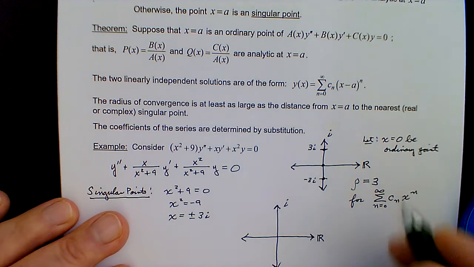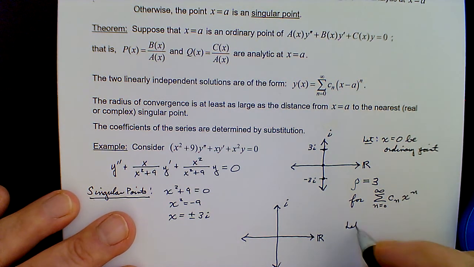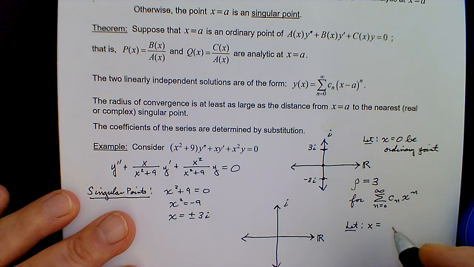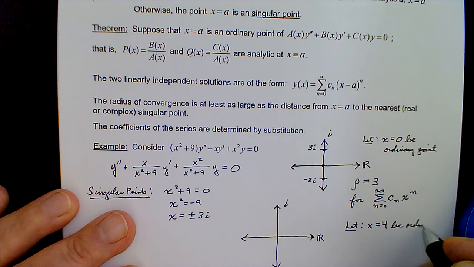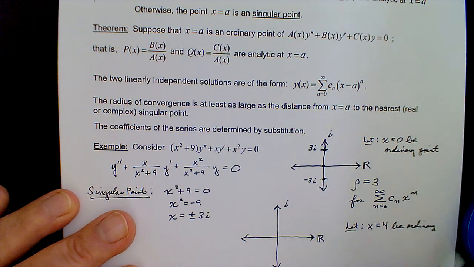So let's say instead of letting x equal 0, we let x equal 4 be the ordinary point.